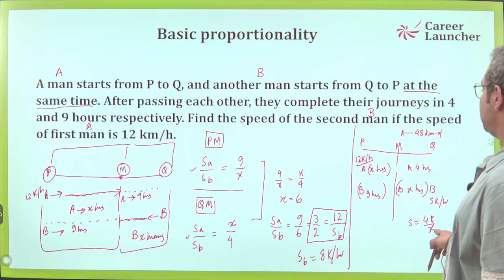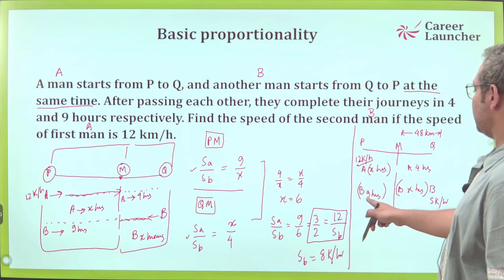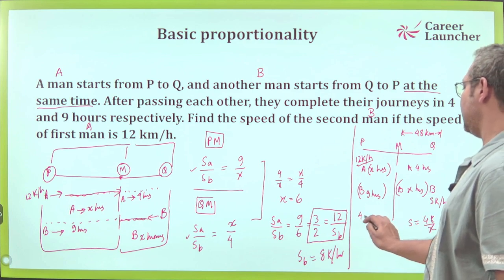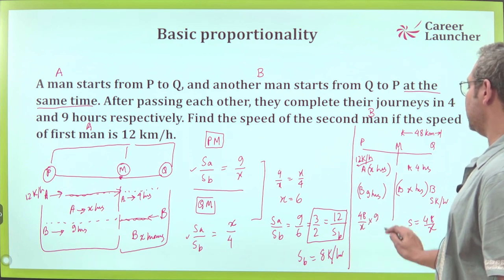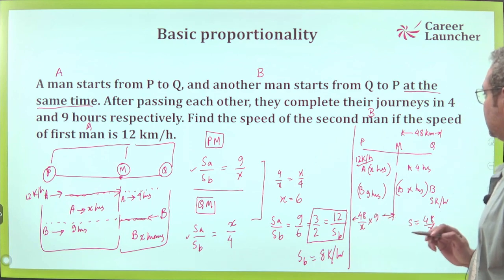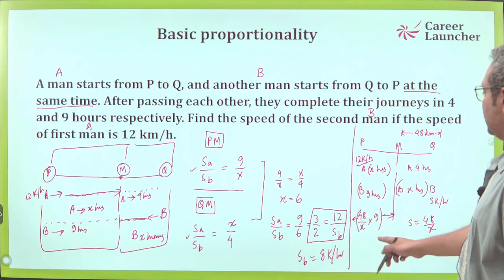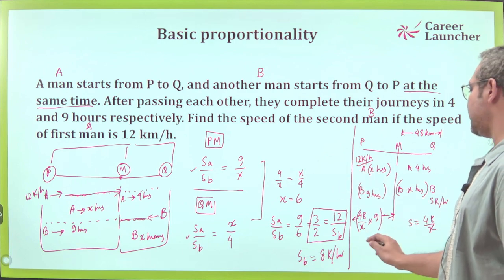Now if this is the speed of B, B in 9 hours would have covered 9 times of this distance. So 48 by X times 9 is basically the distance that we have here, the total distance from P to M. Okay. This distance A has travelled at 12 kilometers per hour. So how much time would it take?